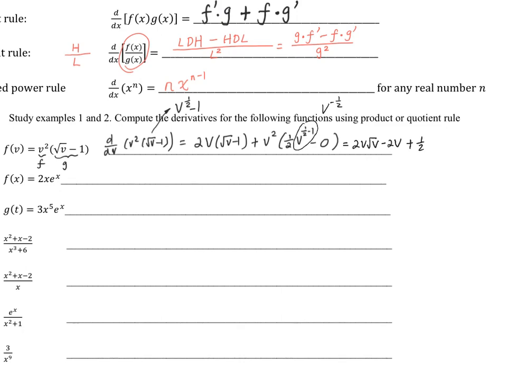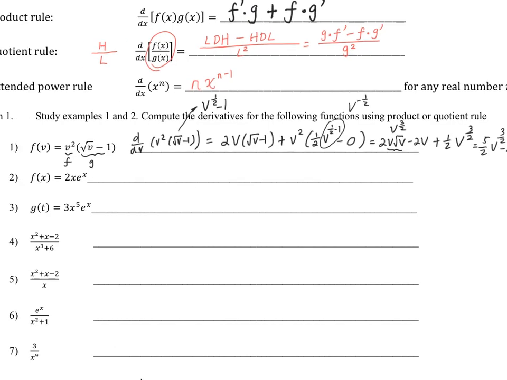Okay, so v squared times v to the 1/2 gives 3/2, and this term actually is the same as v to the 3/2. So we can combine these like terms. So it's going to be 5/2 v to the 3/2 minus 2v. So that's the final answer for the first problem.